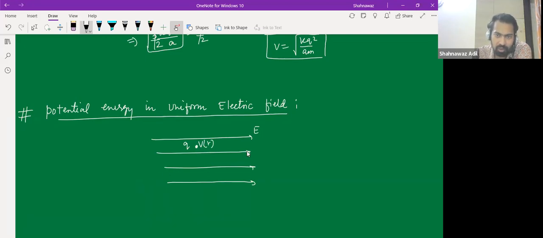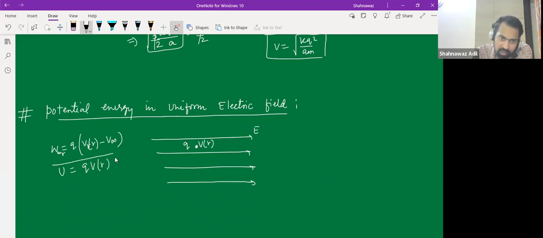So the work done to make the system would be how much? Q times, from let's say infinity to some fixed point R, V(R) minus V infinity. We know that V infinity is zero, so this would be simply Q V(R). This is the potential energy.